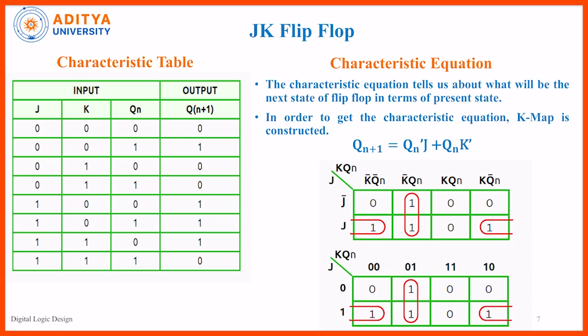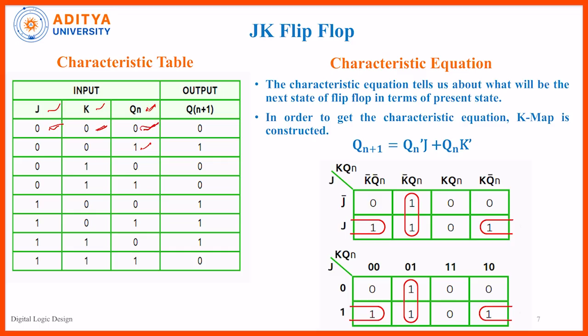Now coming to the characteristic table, here the inputs are j and k, but coming to qn, if q is 0 one time and qn is 1 another time, that means both conditions. Here jk are the inputs, but qn is also one of the inputs, so now the inputs are 3.